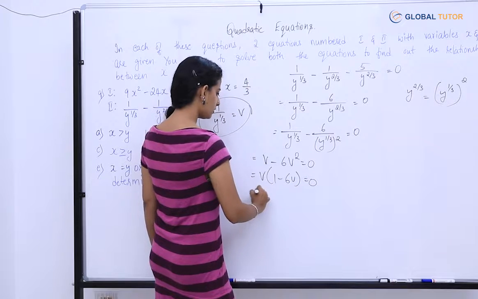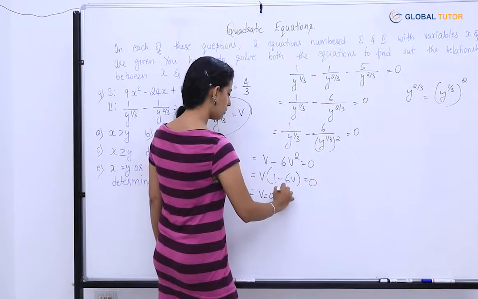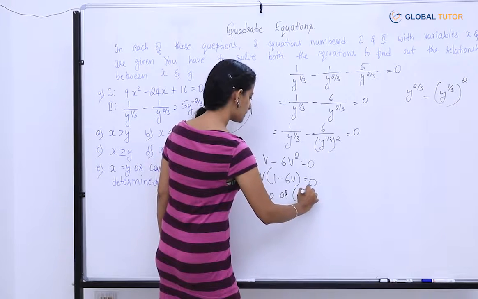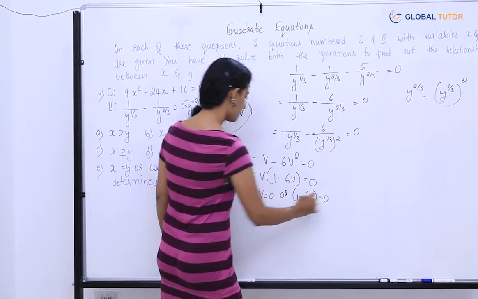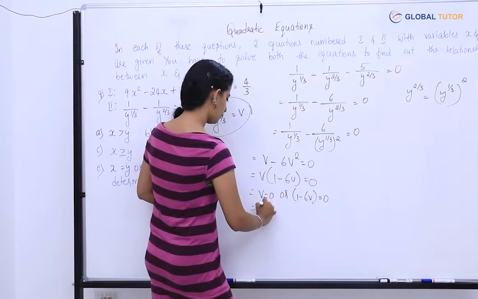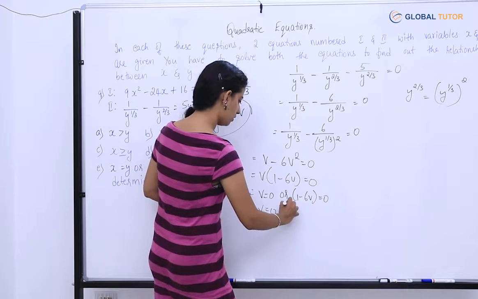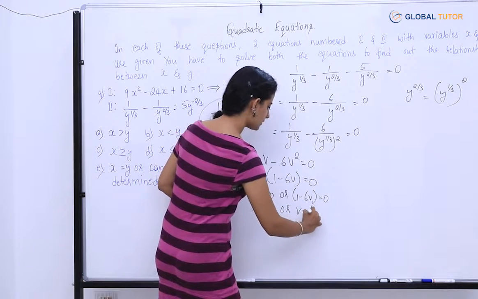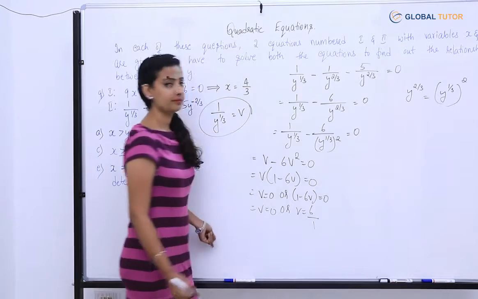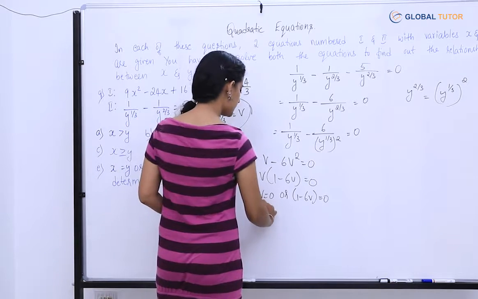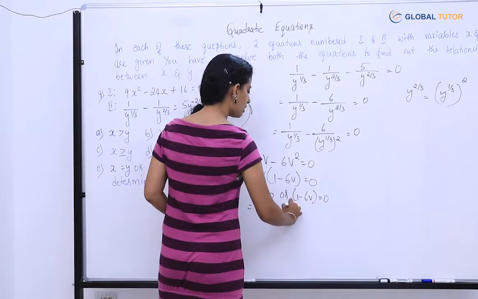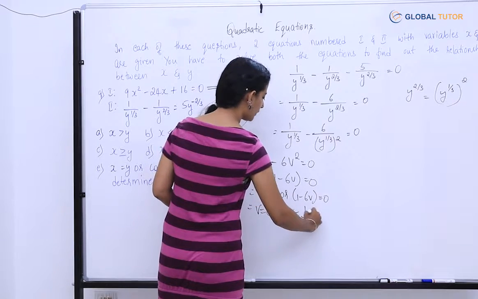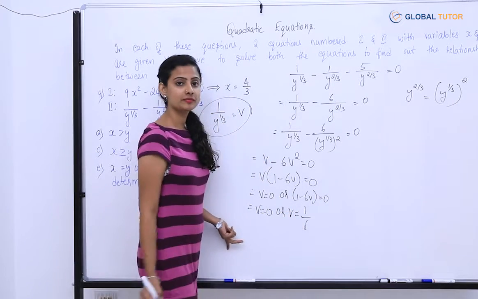So here v is equal to 0 or 1 minus 6v is equal to 0, which means v is equal to 0 or v is equal to 1 divided by 6.